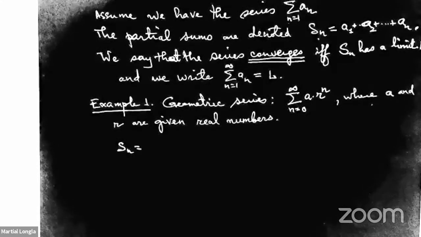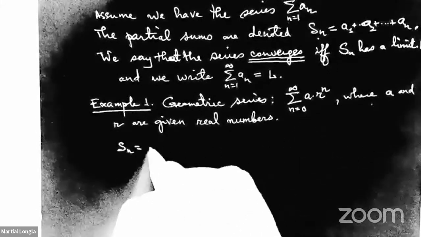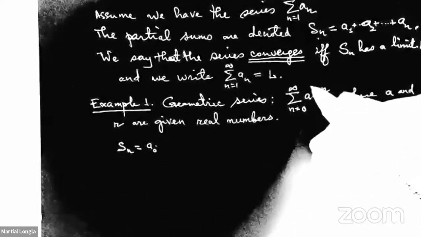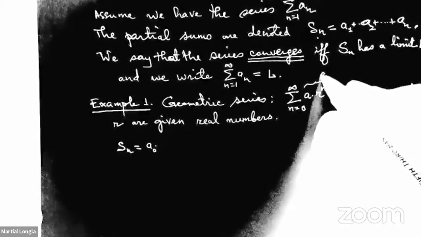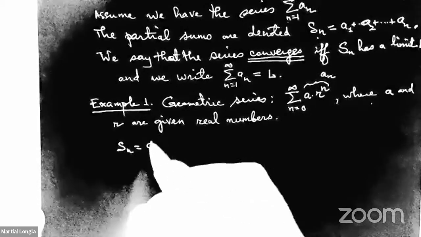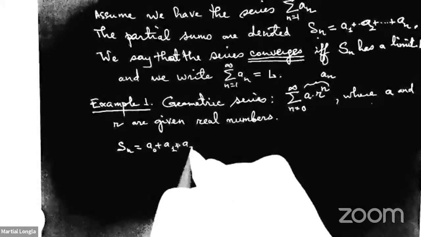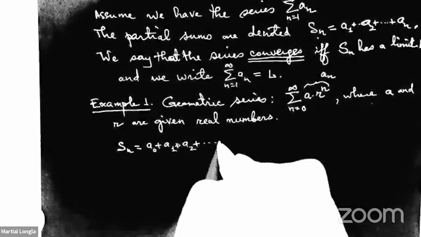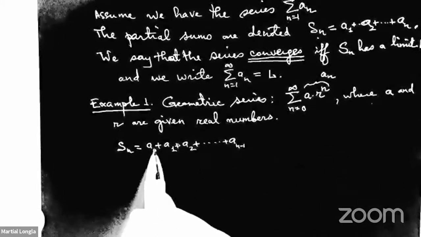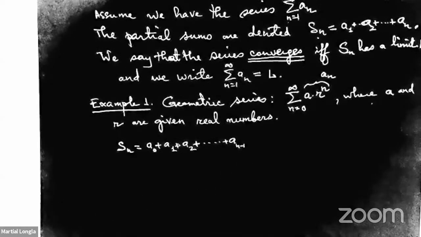Since we start at n equals 0, that's going to be a_0 plus a_1 plus a_2 plus up to a_{n-1}, because if I start at 0, to have n terms I need to stop at n minus 1.